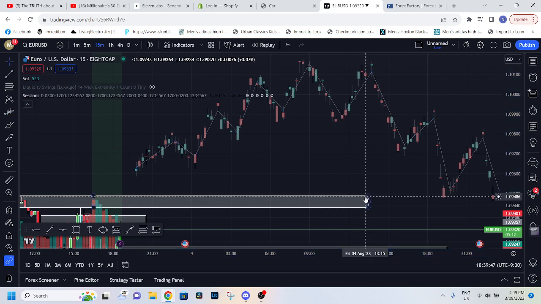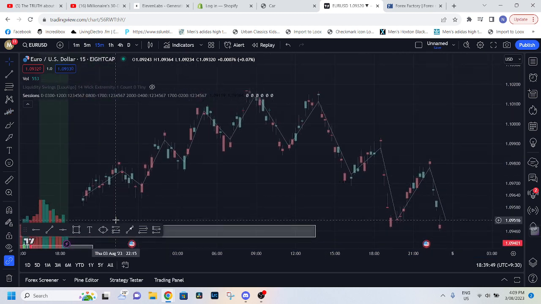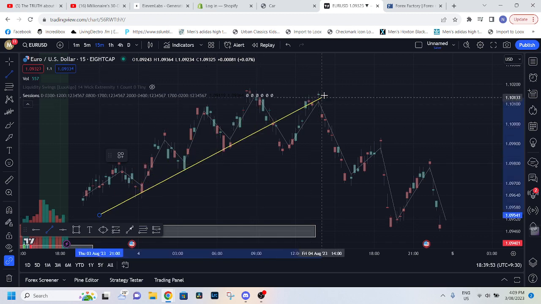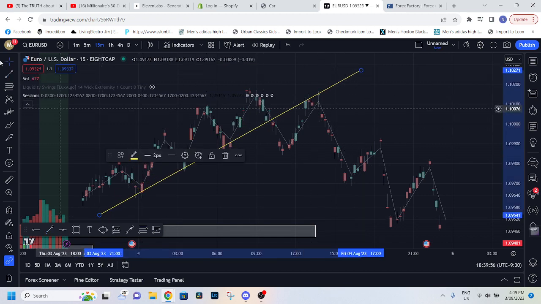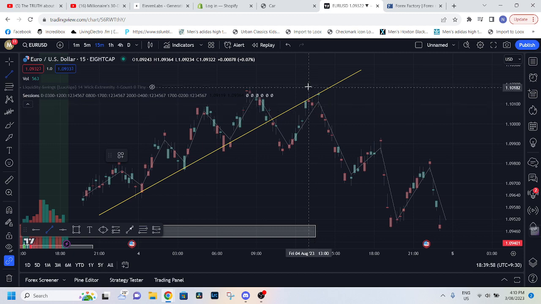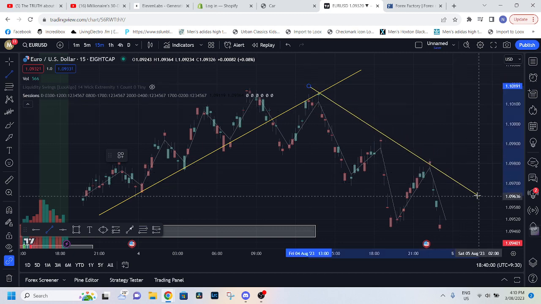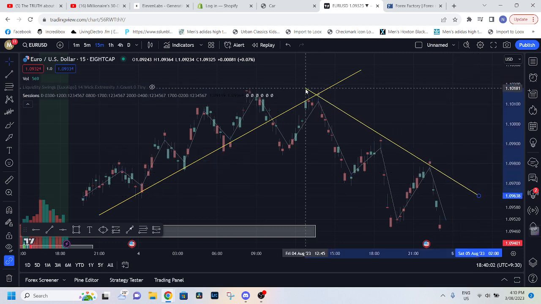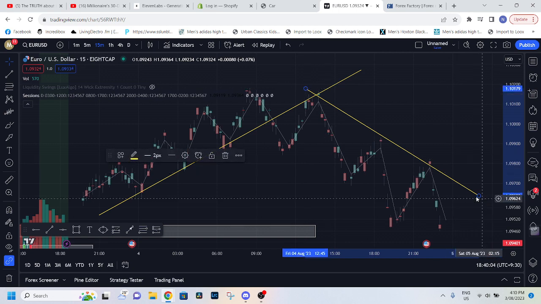I'll make it a bit easier to see. There's your uptrend, and then there's your downtrend. This looks a little bit confusing at the moment, but bear with me. It's about to make sense in a second.